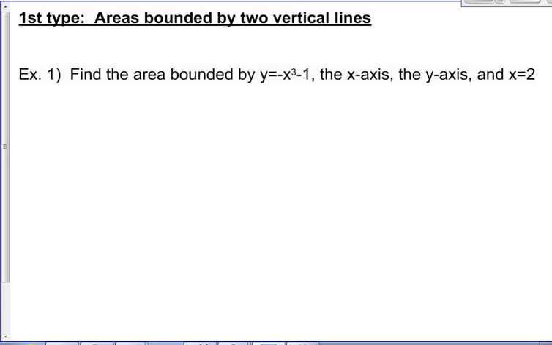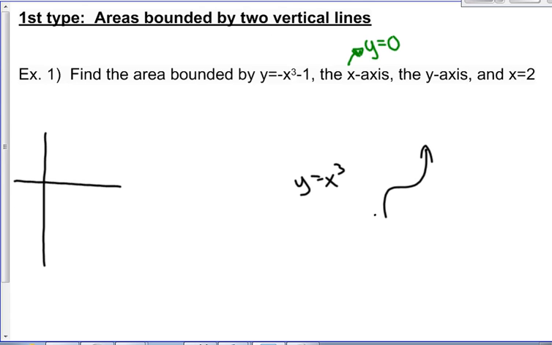And I'm just going to make a note here that the x-axis is the line with an equation of y equals 0. So we said whenever possible sketch, and that's because we have to determine what is on top and what is on bottom. Now recall, y equals x cubed looks like this.